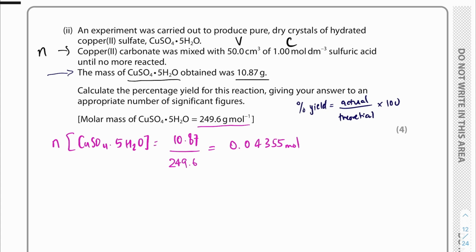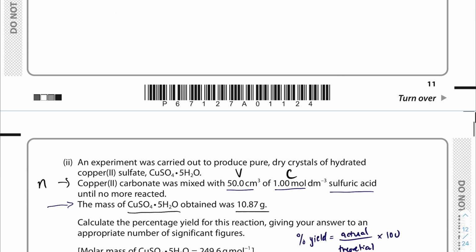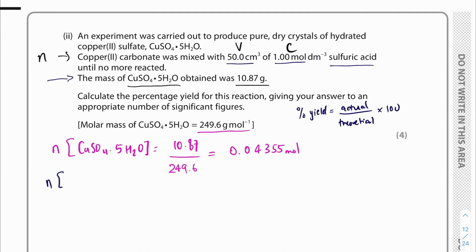So you see over here initially that we have volume and concentration of sulfuric acid. So now let's work out the moles of sulfuric acid. Sulfuric acid gives us this copper sulfate, right? It's a 1:1 ratio. That means that the 1 mole per dm cubed will also give us the copper carbonate.